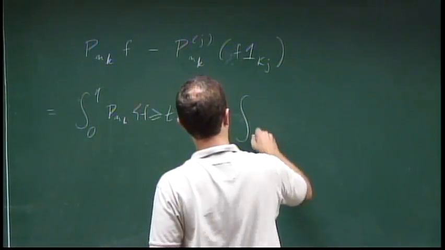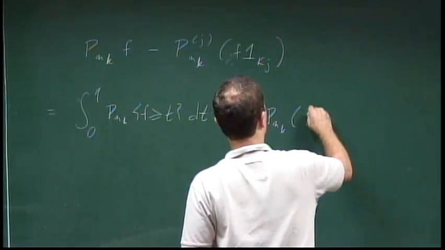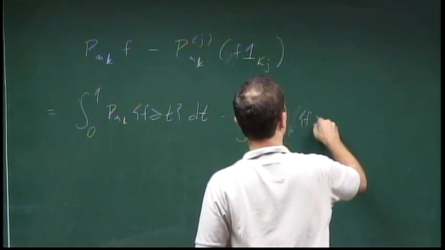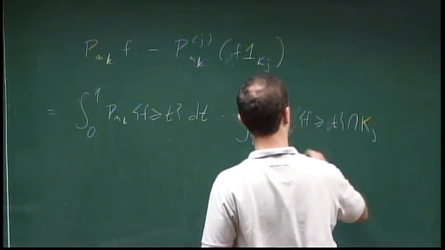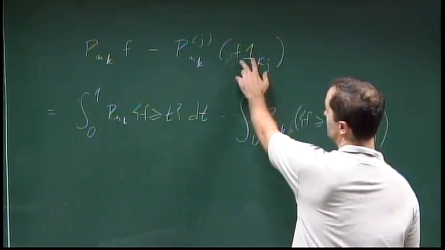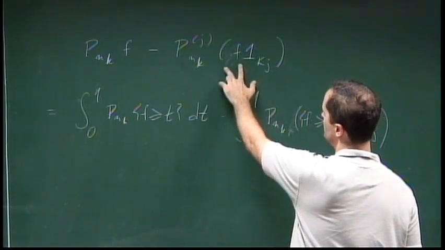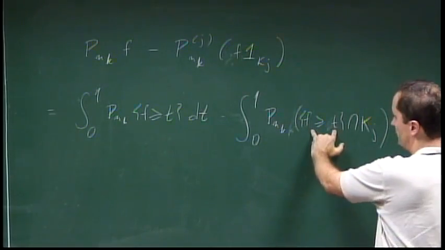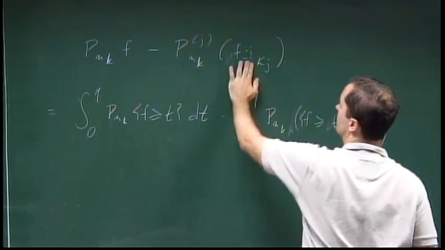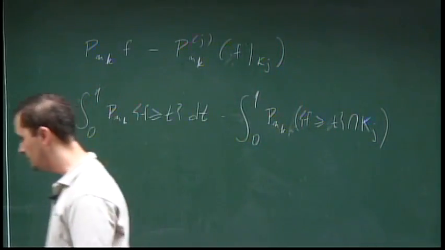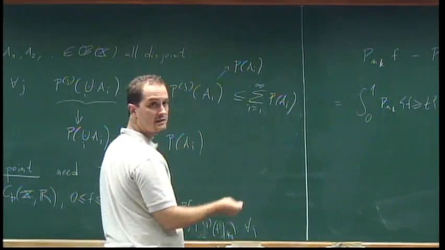This one I can write as the integral from 0 to 1 of P_n of the set where f is larger than t, intersection K_j, because this is exactly how you define this measure. You take the measure of a set, it's the measure of that set intersected with K_j. So now I'm taking f restricted to K_j. Sorry, this shouldn't be a 1, it should be a restriction. So this is exactly what you get.